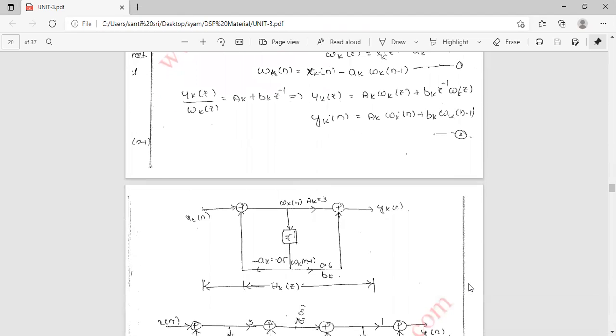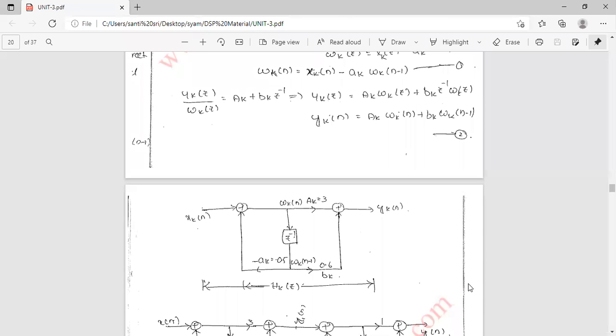Now we'll take hk of z as xk of n, yk of n. So wk of n into ak minus 0.5 into wk of n minus 1, plus wk of n minus 1 into 0.6.